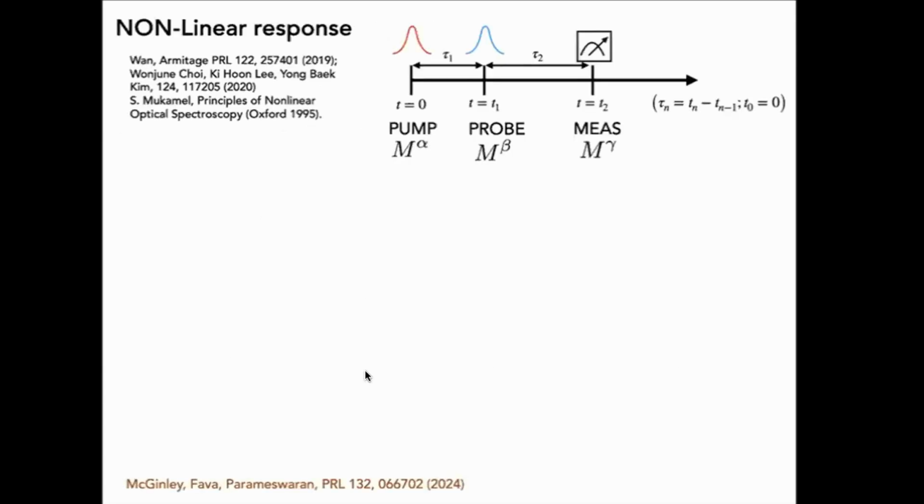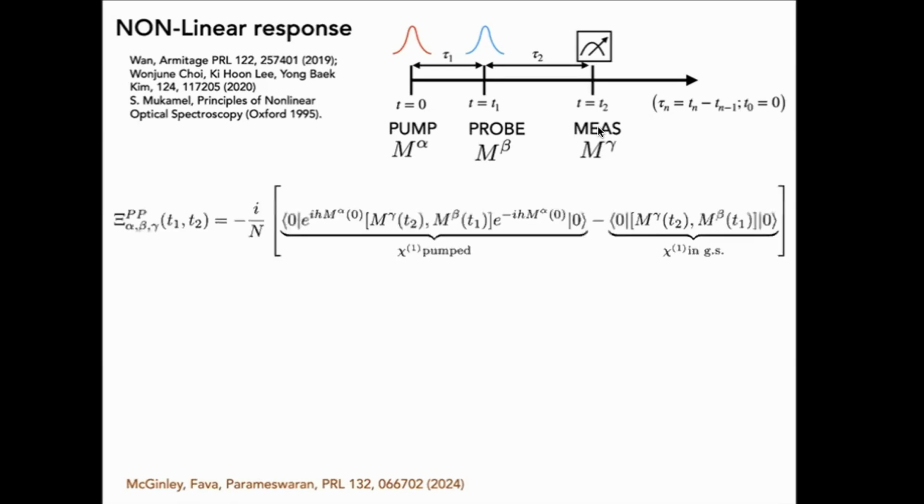Now, in nonlinear response, we have one additional step. First, we pump the system into some excited state, and then we repeat the same thing. You again perturb or probe it at a time t1 and measure at a time t2.